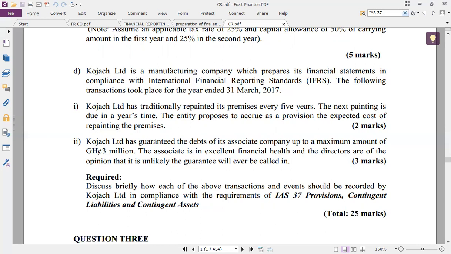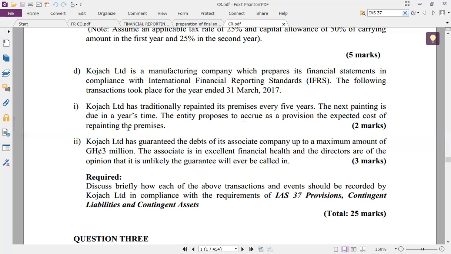So they just want to make a provision for next year's painting. So should they record it? Before a provision needs to be recorded in the books, the following conditions need to be in place. Number one, there must be a present obligation.